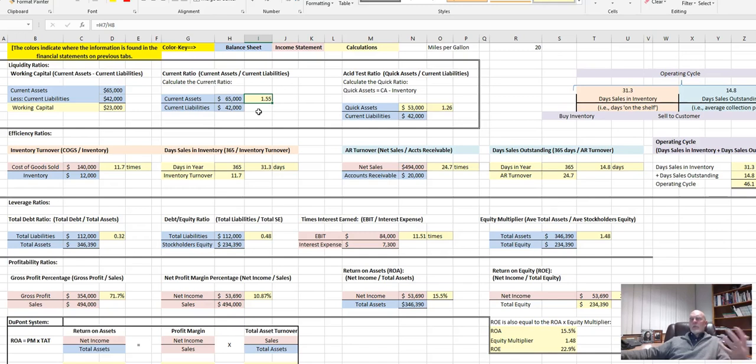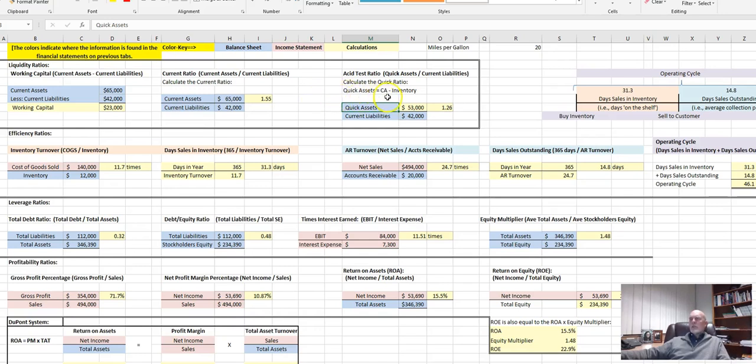An even more focused liquidity measure is called the acid test ratio, oftentimes called the quick ratio. With that, we're looking at specific current assets that are very close to cash in their composition. So the quick assets tend to be cash, accounts receivable, and short-term investments if you have any of those.